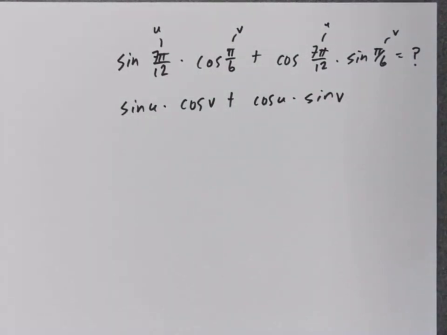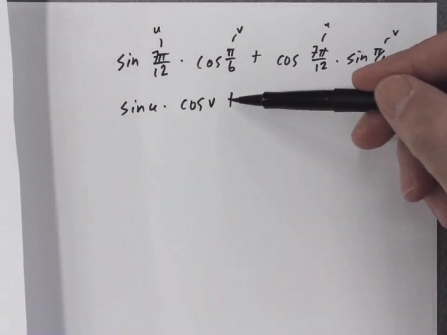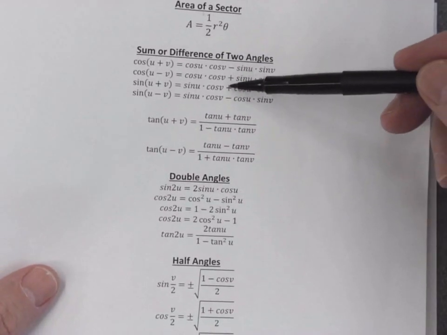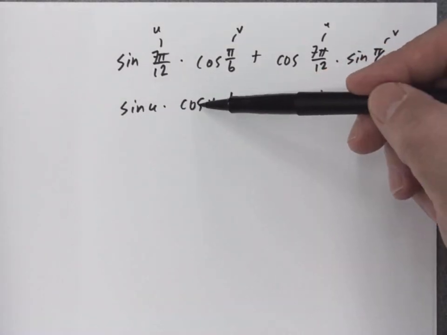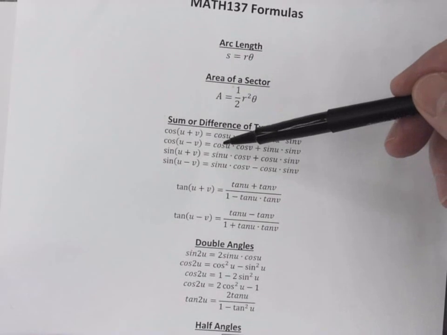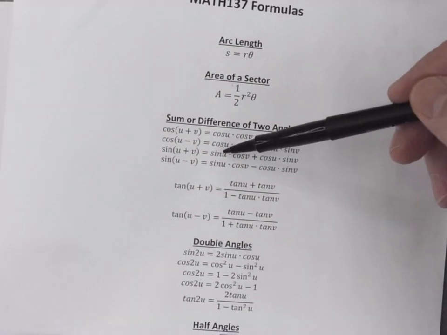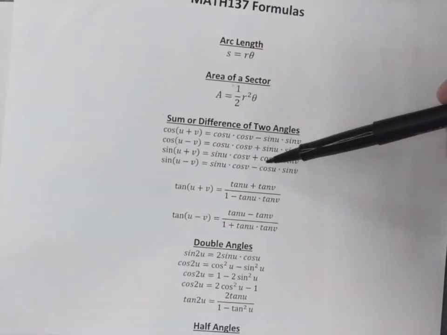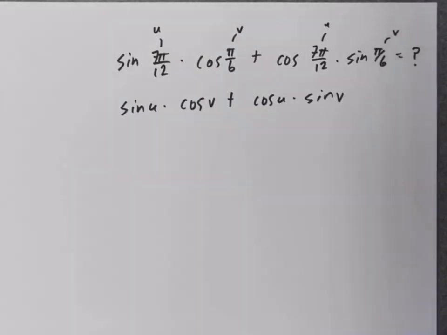Now I go to my formula sheet and ask, is there a formula that fits this? First of all, it's plus, so it's got to be one of these two in the middle. This one is sine cosine plus cosine sine. This is cosine cosine plus sine sine. Sine cosine plus cosine sine is this one here, sine of u plus v.